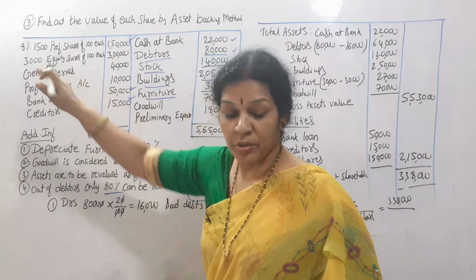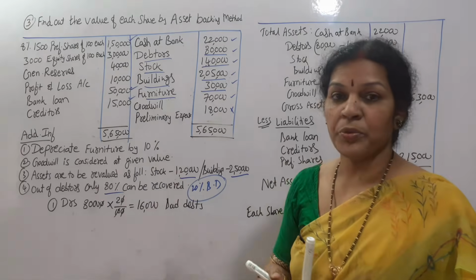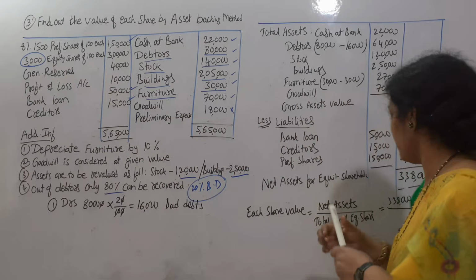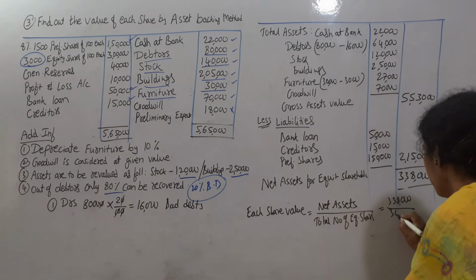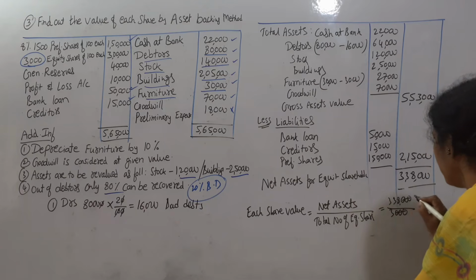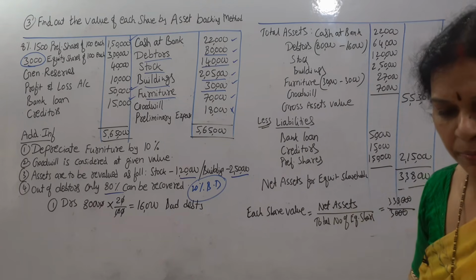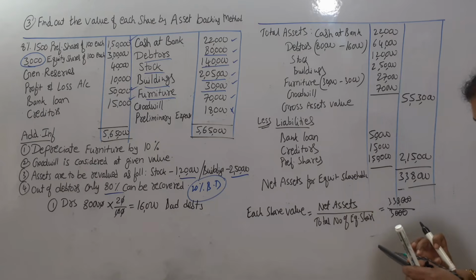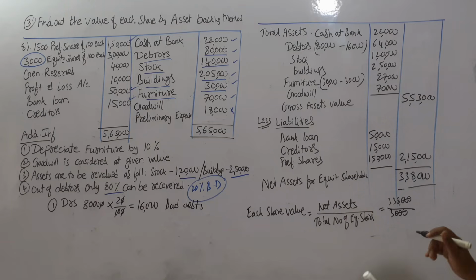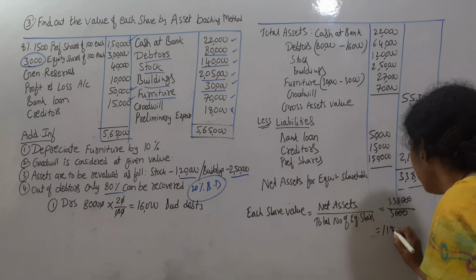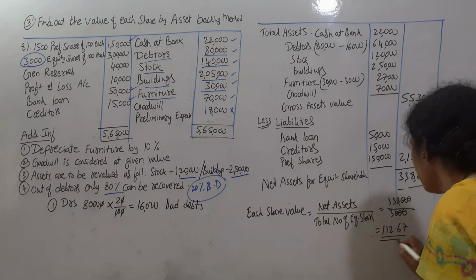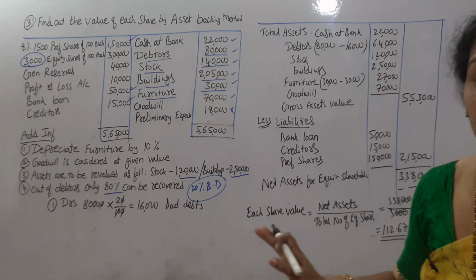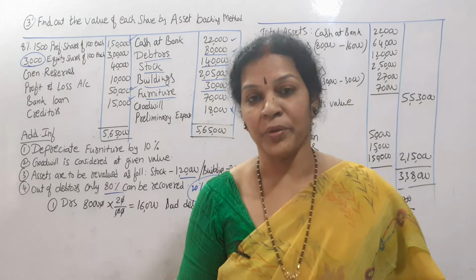Equity shares are 3,000. Please remember, we are not supposed to take preference shares, only equity shares. So 338 divided by 3 is 112.67. Per share value is 112.67. Am I clear? First take a screenshot or note down the problem.